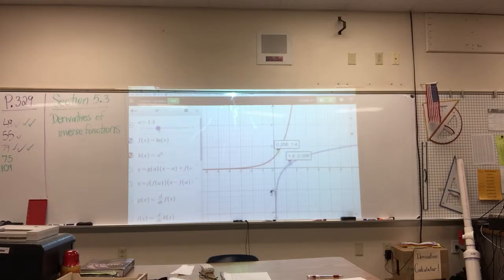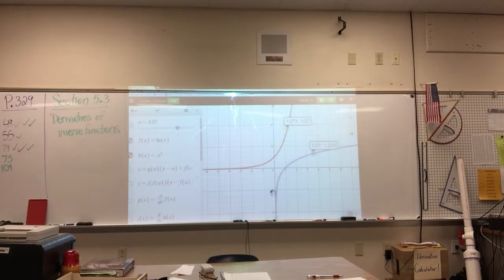So in fact, when you were told last year in pre-calc to find the inverse of a function, the first thing you did was you switched the x's and the y's, and then you solved for the y, and that's how you found the other function. So these two functions are inverse functions because their x's and their y's are swapped.